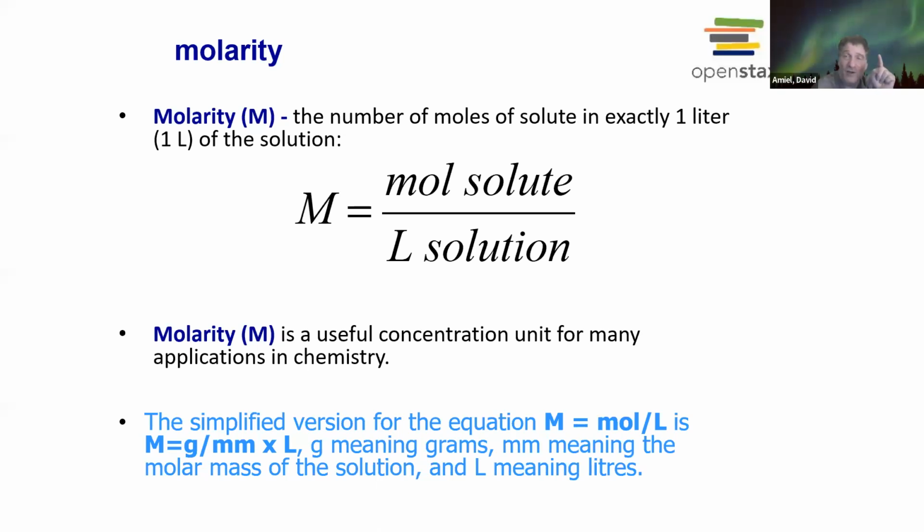Do the algebra, bring the molar mass over to the left-hand side and divide by the molar mass. Moles is really grams over the molar mass. So you can substitute grams over the molar mass in the numerator, and the denominator stays the same.